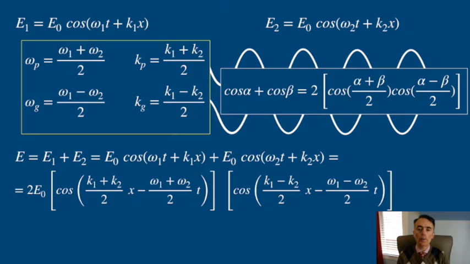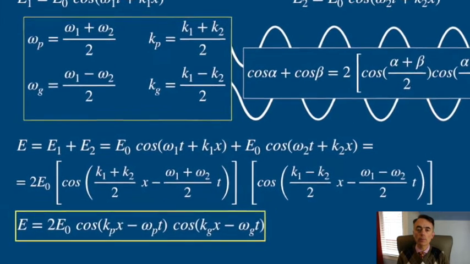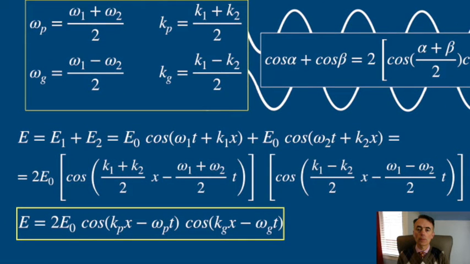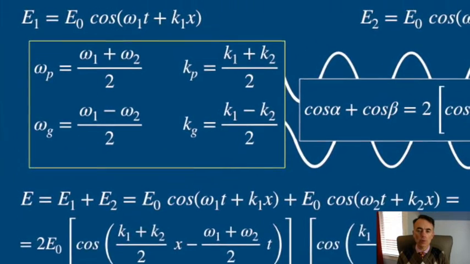So omega p is the average of both angular frequencies, and omega g is half their difference. Then the resultant wave is the product of two cosines, one involving frequency p and the other involving frequency g. Look here that omega p is much larger than omega g.